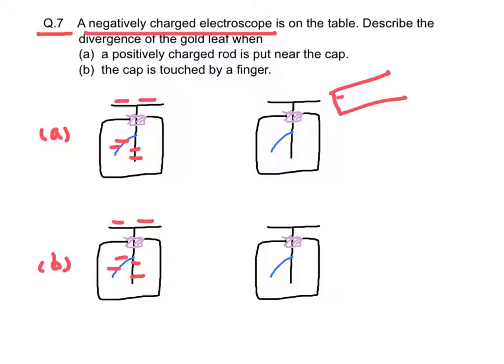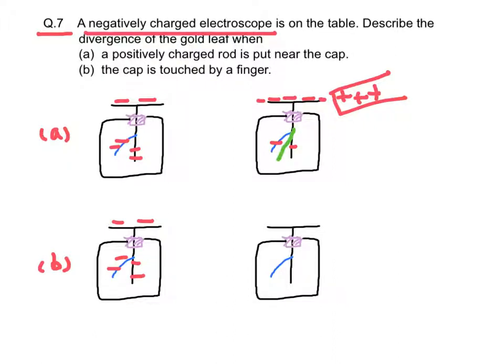When a positively charged rod is put near the cap, more negative charges are attracted towards the cap. Therefore, the negative charges at the bottom decrease. As a result, the repulsive force between the electroscope and the gold leaf decreases. As a result, the divergence of the gold leaf will decrease.